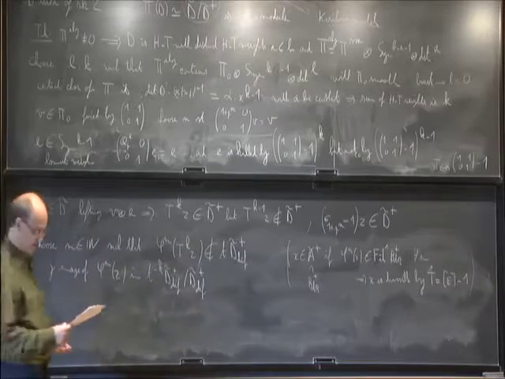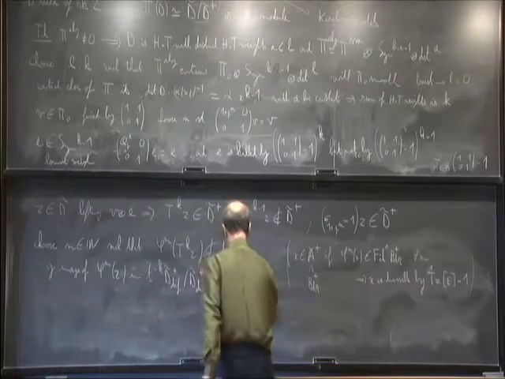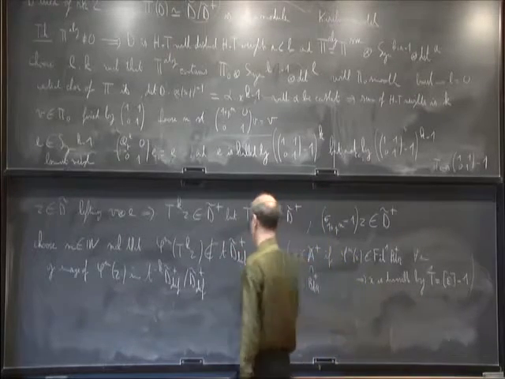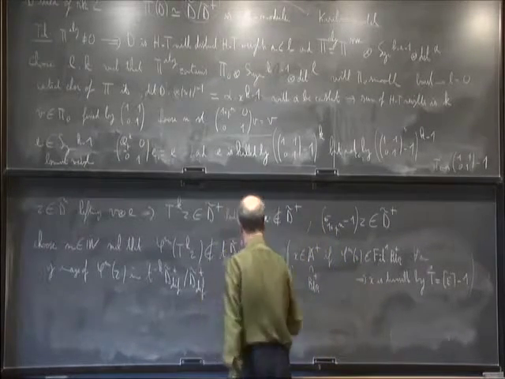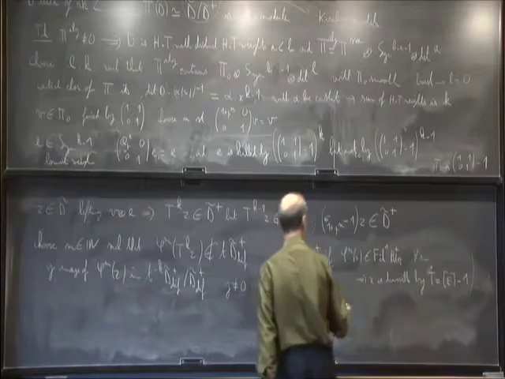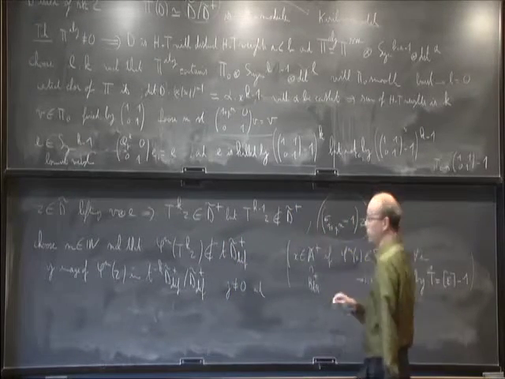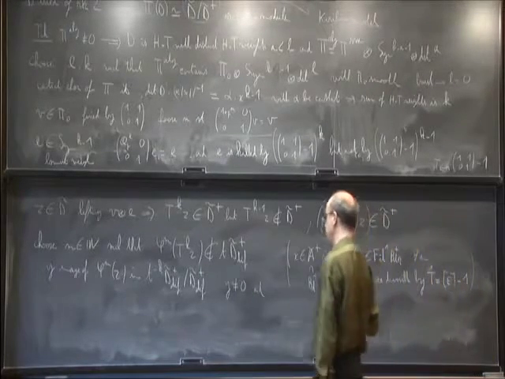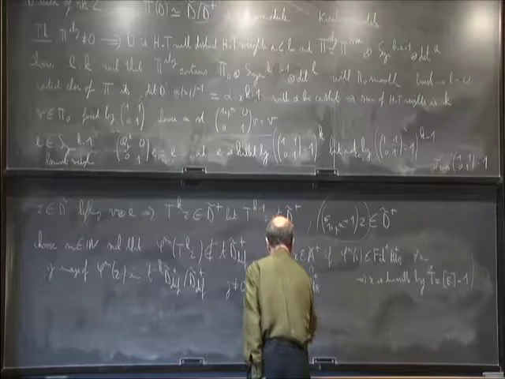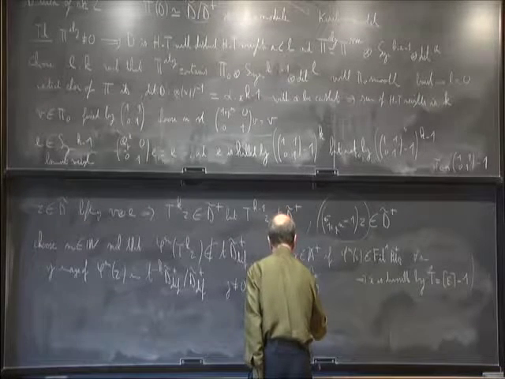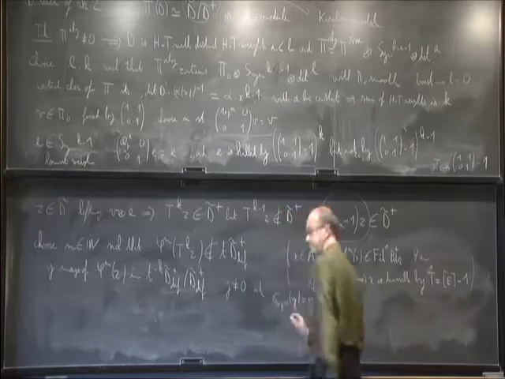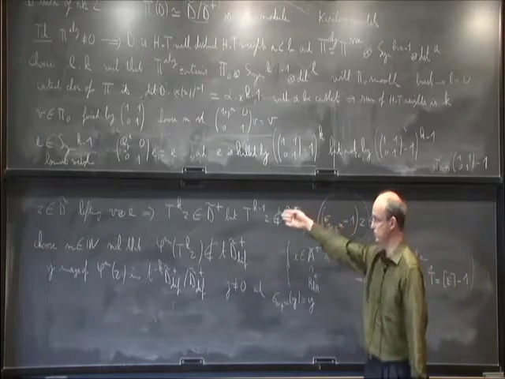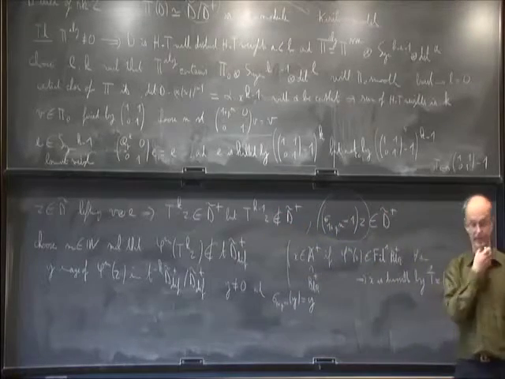And what can you say about this image? Well, this y is non-zero because of what we have imposed here. So y is non-zero. And because of this property here, what you get is that sigma, 1 plus p to the m y is equal to y. Because in fact this commutes with Frobenius, and so you still get this.